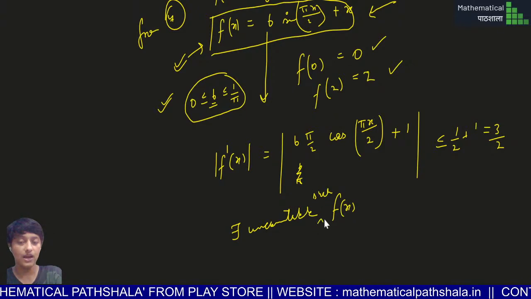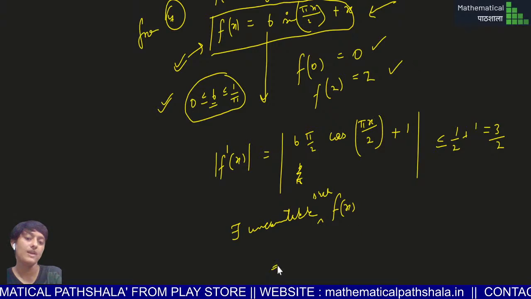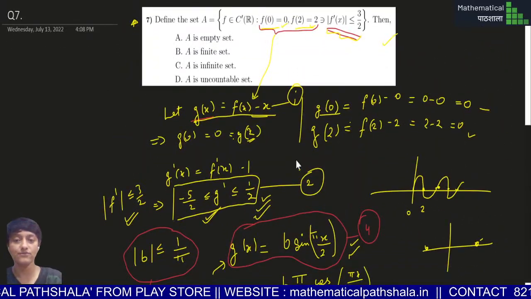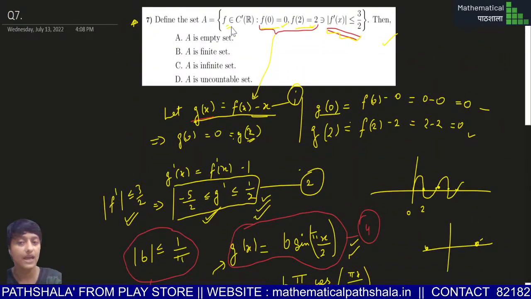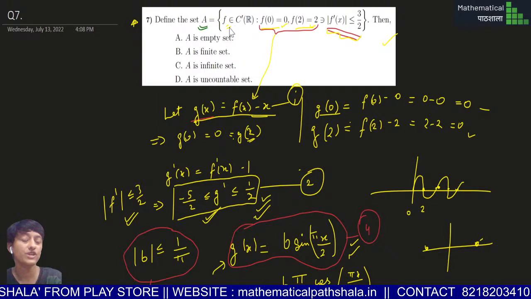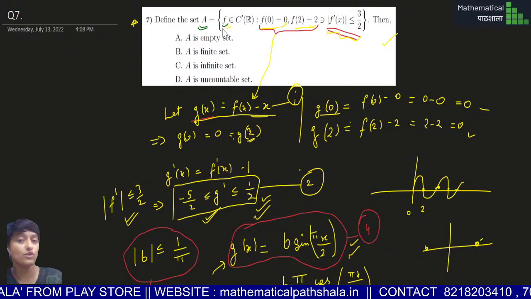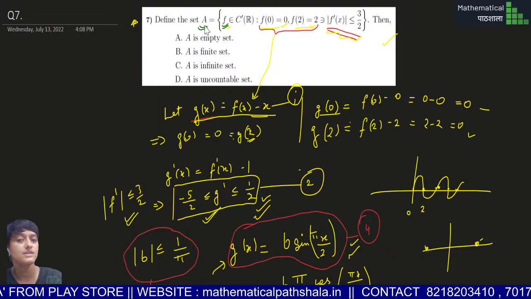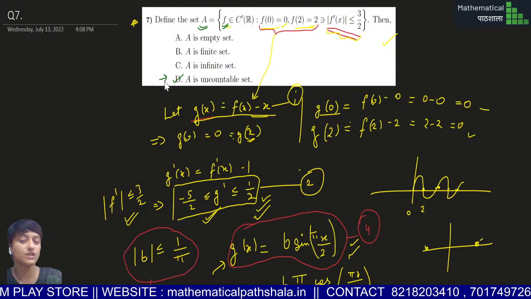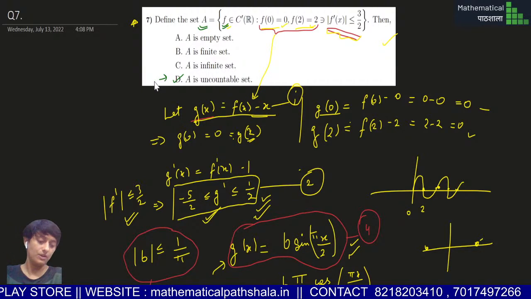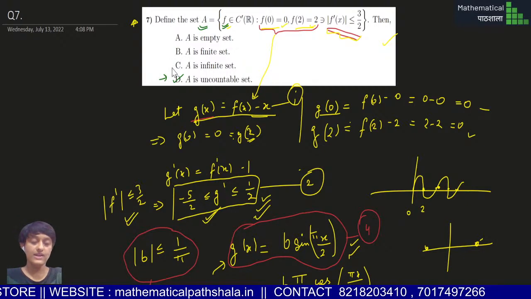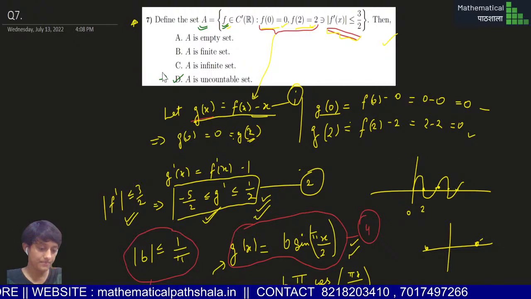This implies that we have uncountably many such functions f which are contained in this set. So this set itself will be uncountable, right? So the correct option is option number D. Someone above told me option number C, but it's fine. At least you have tried and we learned from our mistakes, right?